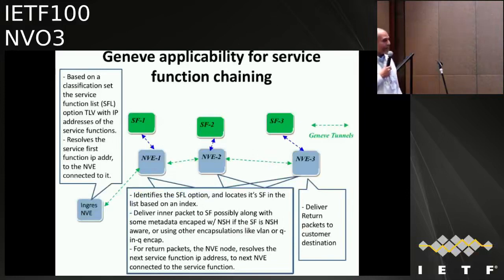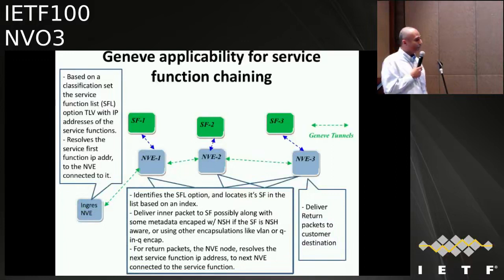So this is the use case here, following the SFC architecture. Those NVEs can be thought of as service function forwarders that are directly connected to the different service functions.